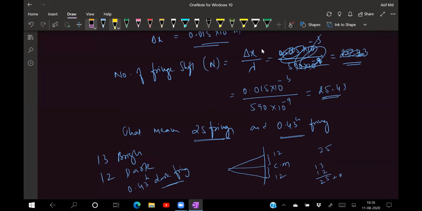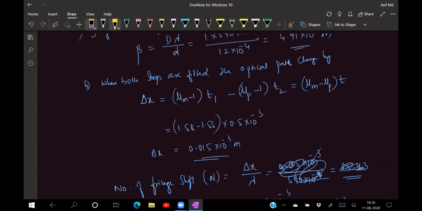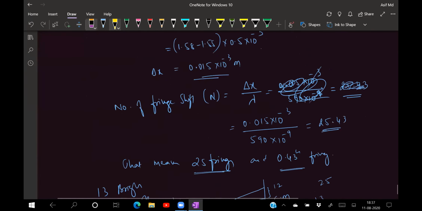Now we need to calculate what the problem is asking. It is asking to calculate at what distance from the center the first maxima is located. That means the position of the first maxima on both the sides will be equal to how much? Fringe width ఎంత వచ్చింది, 4.9 కదా.